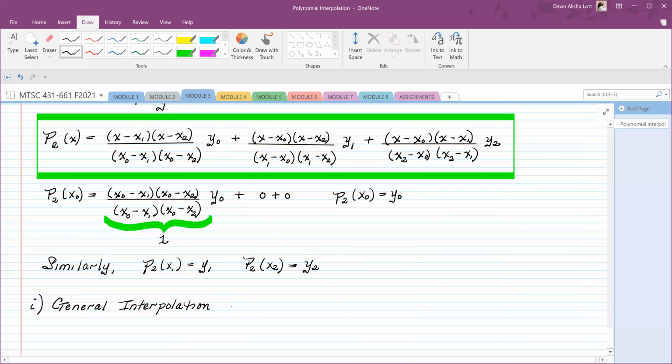I have a set of points xi, yi, i equals 0 to n. And this is going to have a special name. It is called Lagrange interpolation.